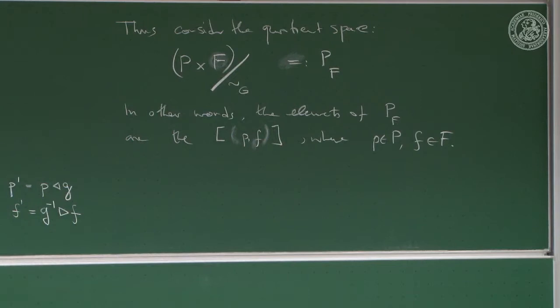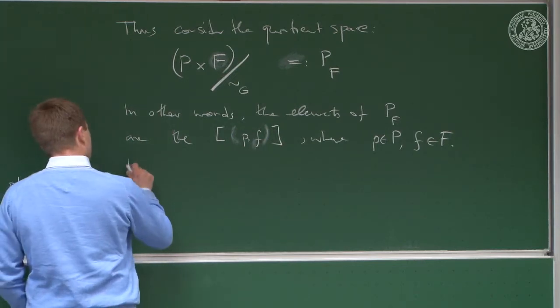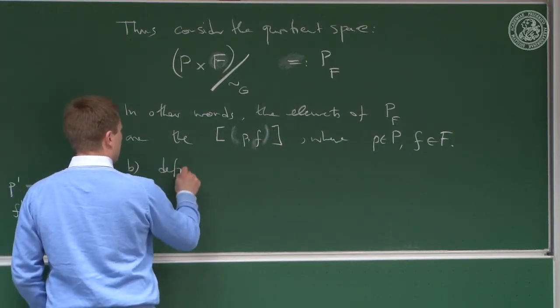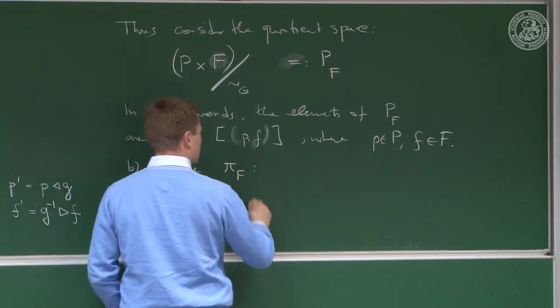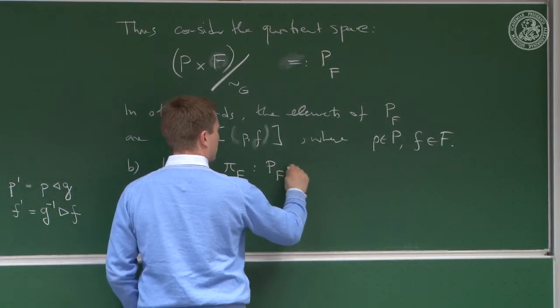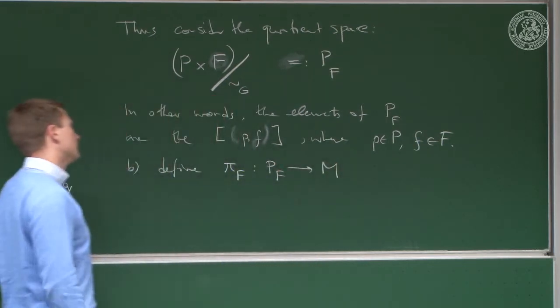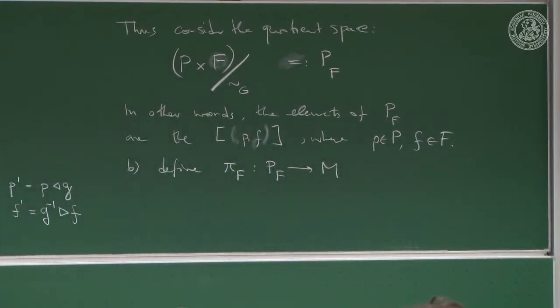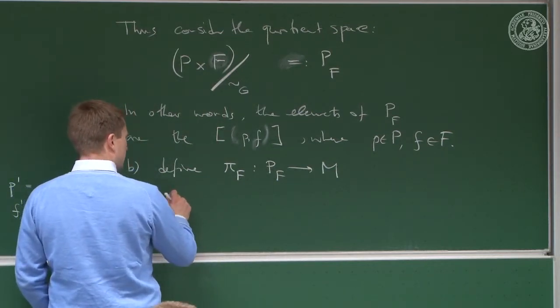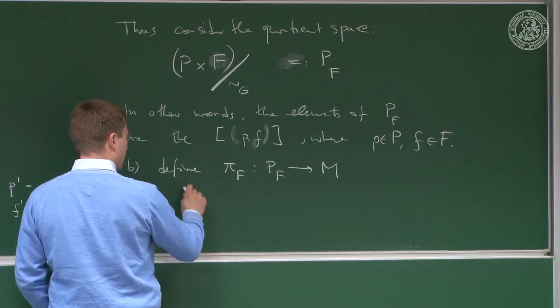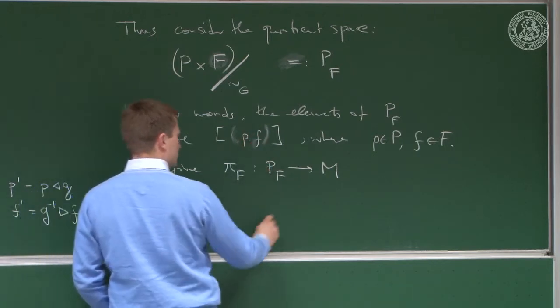Okay? So anyway, that's this definition. And then we define the associated projection map that goes from PF down to M. Okay, we want such a guy. Now we can practice this for the first time.